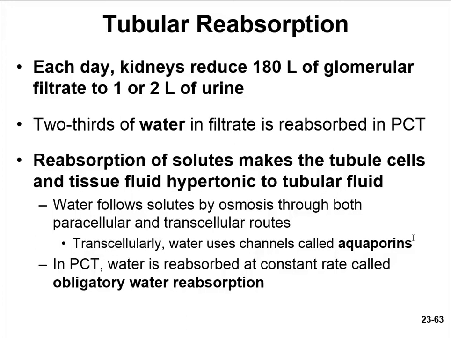Reabsorption of solutes makes the tubule cells and the tissue fluid hypertonic to the tubular fluid. And water follows solutes by osmosis through both paracellular and transcellular routes. Transcellularly, the water will go across using protein channels called aquaporins, very appropriately named.